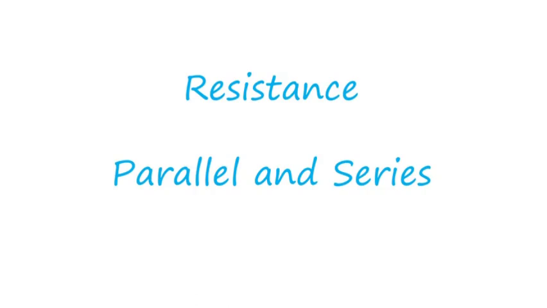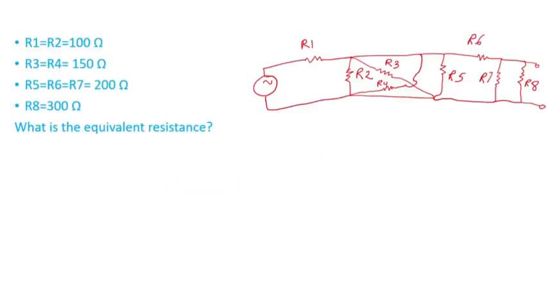In this video, I'll go through a quick example of finding the equivalent resistance using a combination of parallel and series resistances. So let's assume we have a circuit that looks something like the one that I'm showing here to the right.